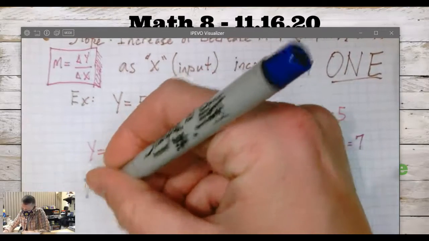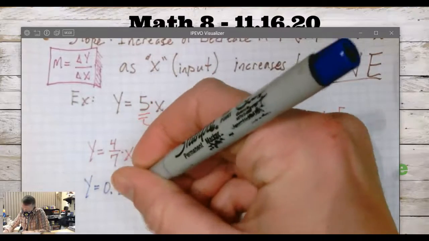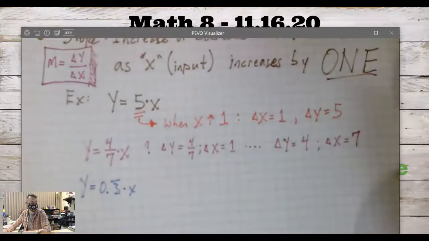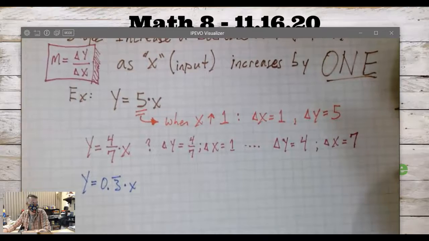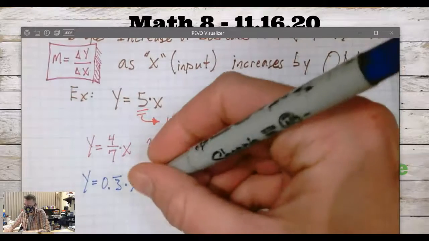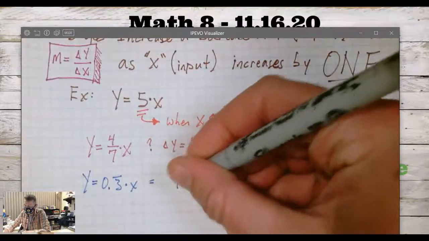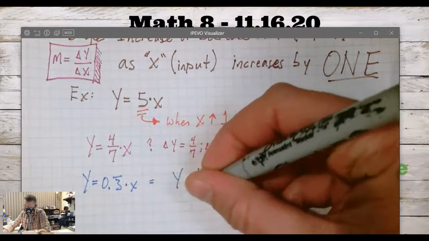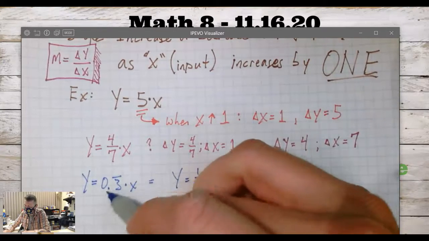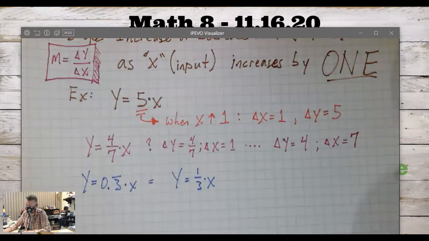So, last one we're doing like this. If you're given slope in a decimal form, nah, we don't like that. That's the same as saying y is 1/3 x, because we can convert decimals to fractions.